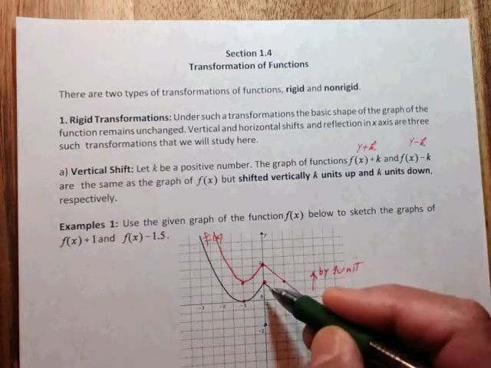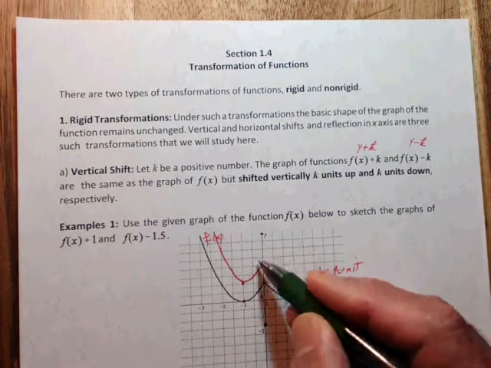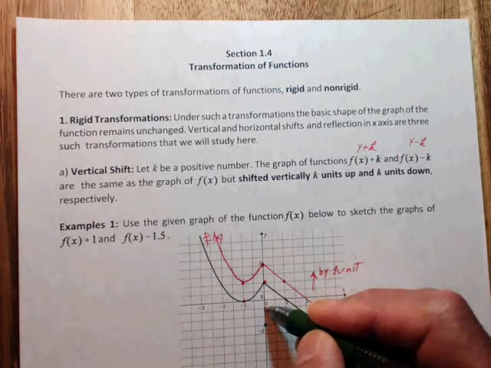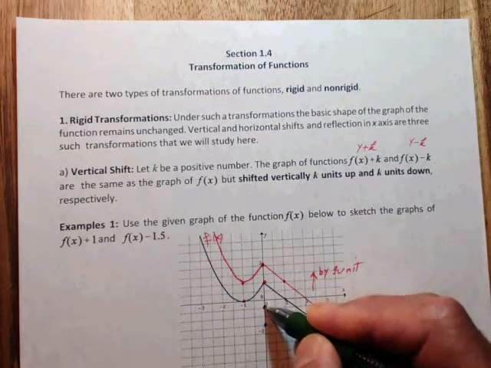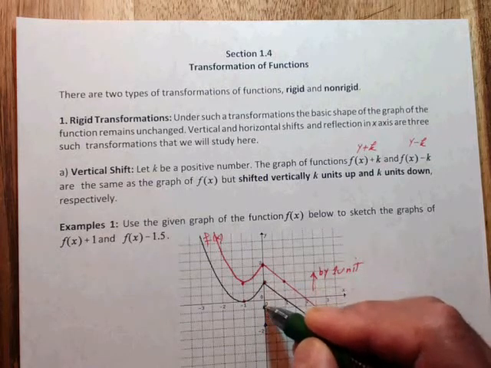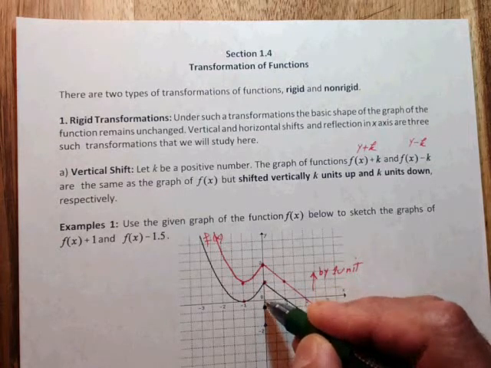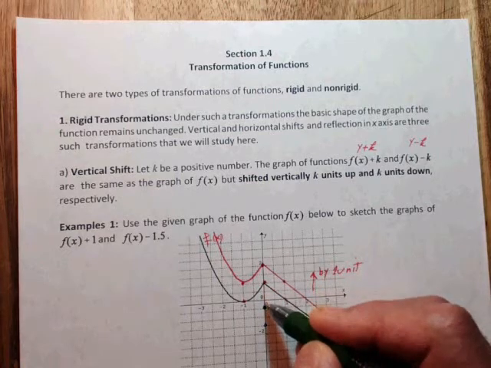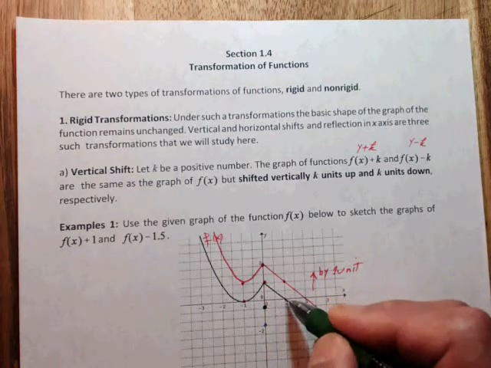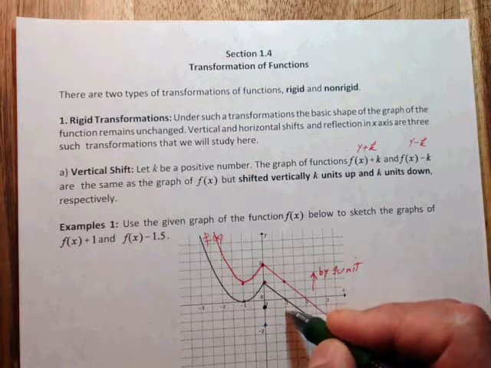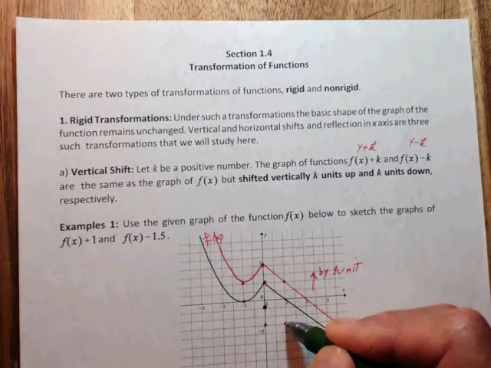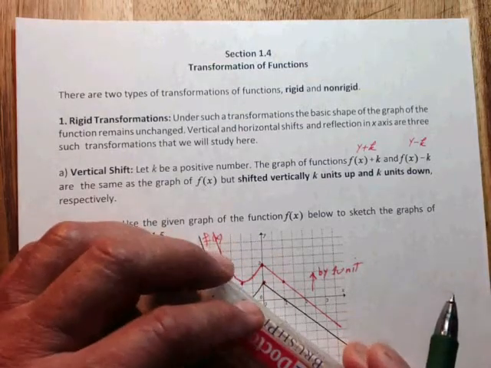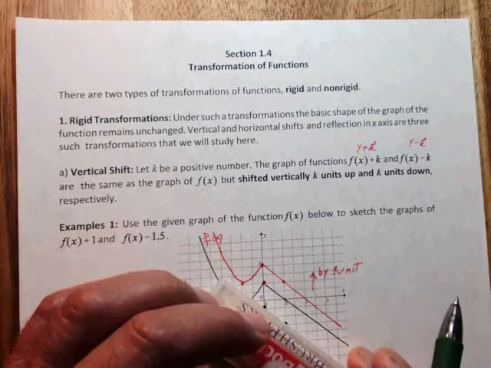So this point goes right there, 1.5, because every 2 units is 1 unit here. And then this point goes down 1.5 right there. So this straight line part becomes this one right here.